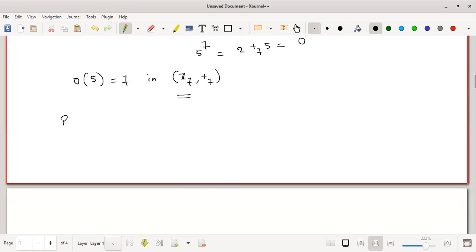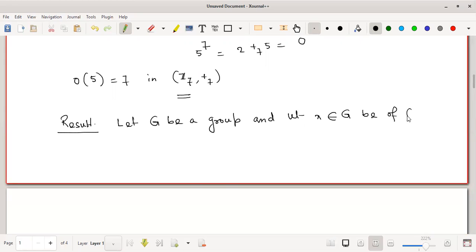So result: let G be a group and let x belong to G be of finite order, say k.